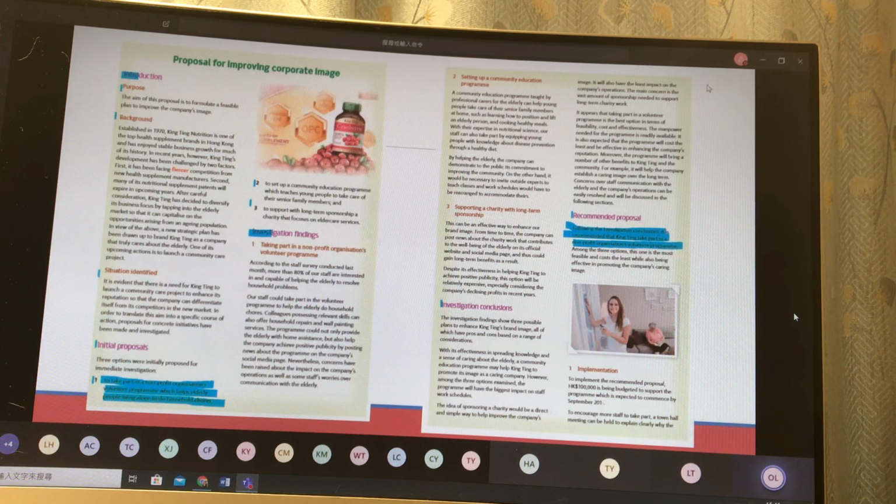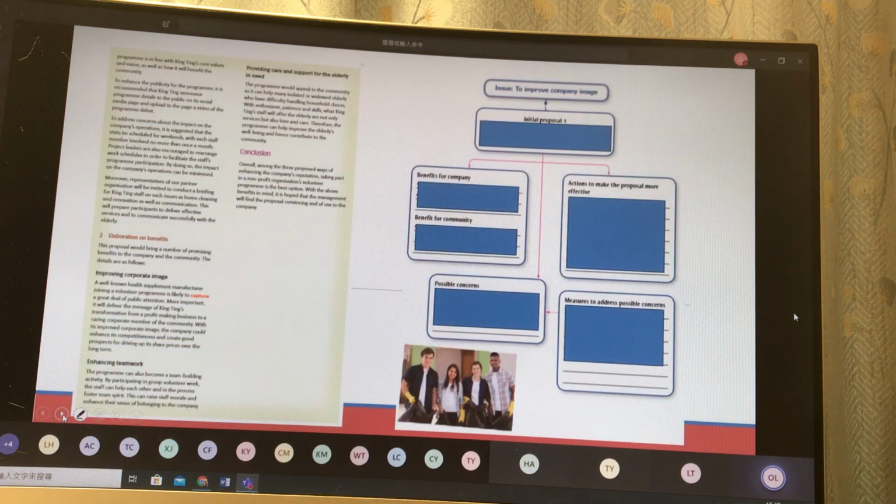This is very useful if you don't have the textbook. I highly recommend that you grab this. So I'll give you a few seconds. Introduction, initial proposals, investigation findings and investigation conclusions, recommended proposal, and then the conclusion, right?